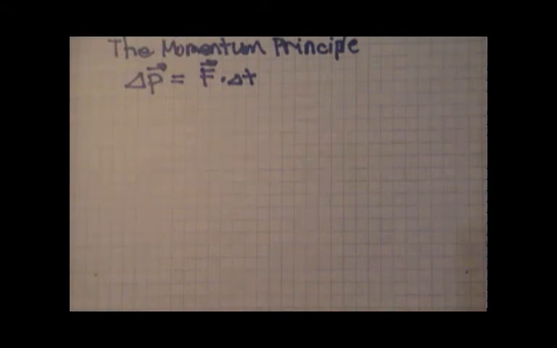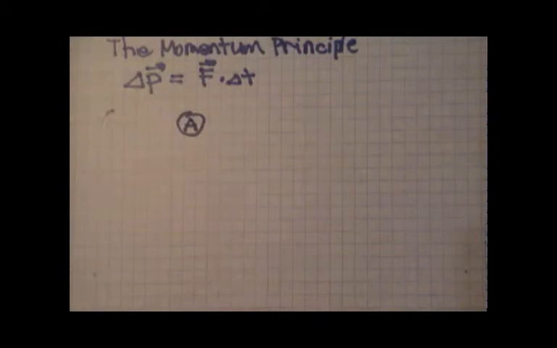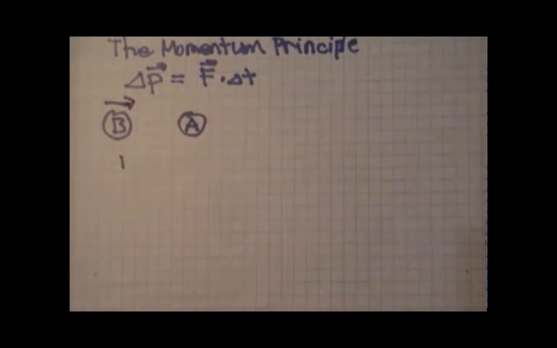Okay, so let me illustrate the situation this way. Let's call the ball that was initially stationary ball A, and the ball that was initially moving we'll call ball B, and I'll indicate that ball B is the one that's moving by putting a little right-going arrow on it. And this is what I'm going to call our initial situation.